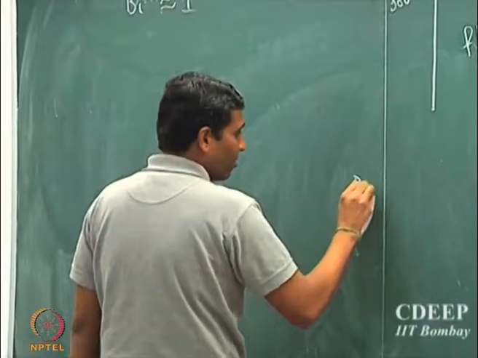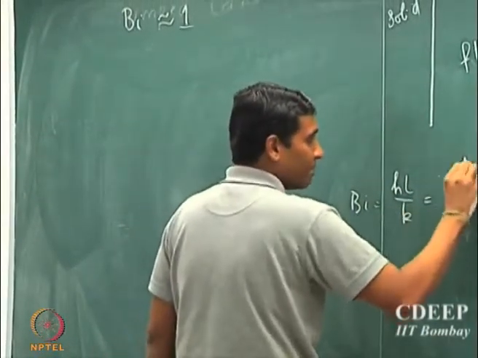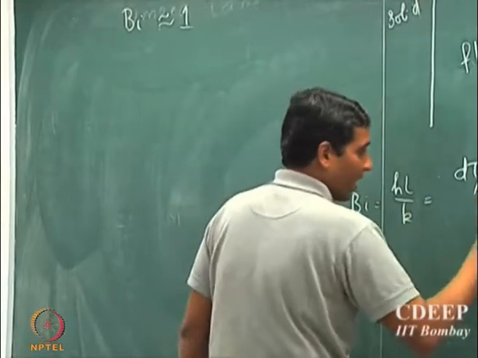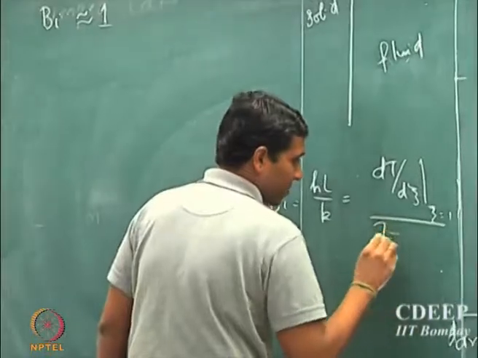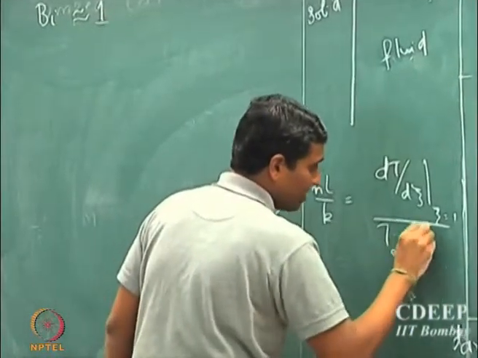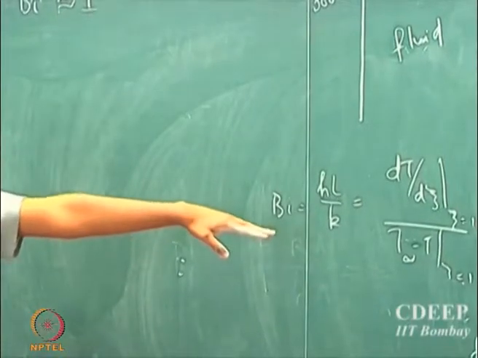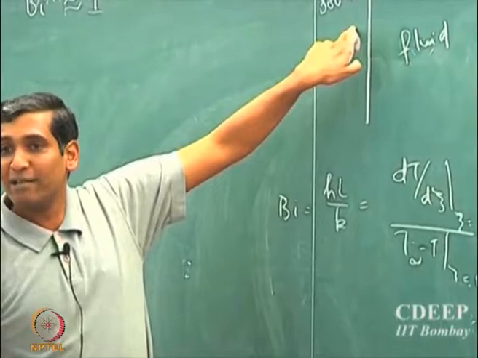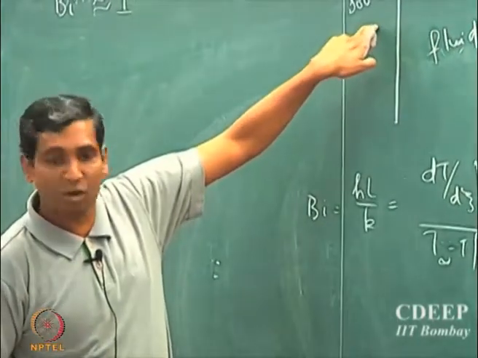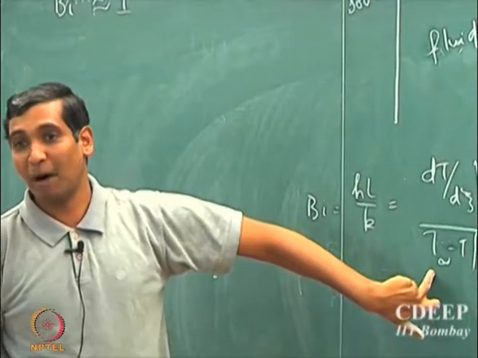we said that Biot number is hL by k, which is dT/dz at z equal to 1 divided by (T minus T infinity) minus T at z equal to 1. So this essentially signifies the ratio of the temperature gradient at the boundary in the solid and the temperature gradient for convection outside the boundary.